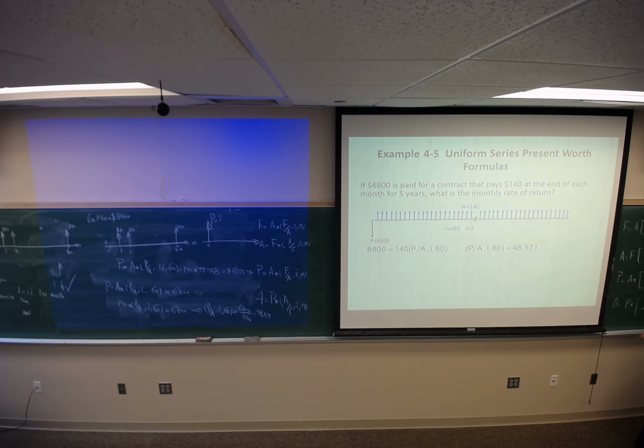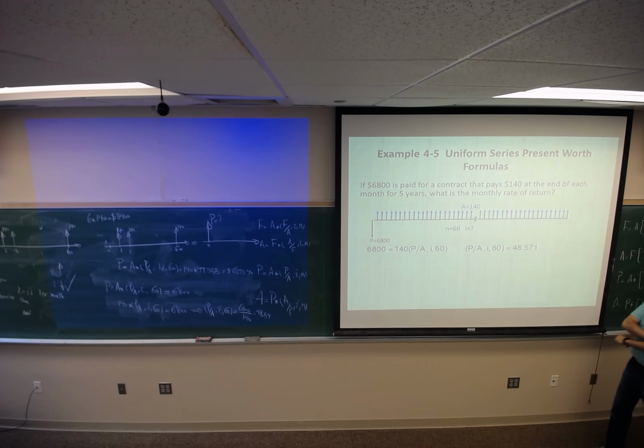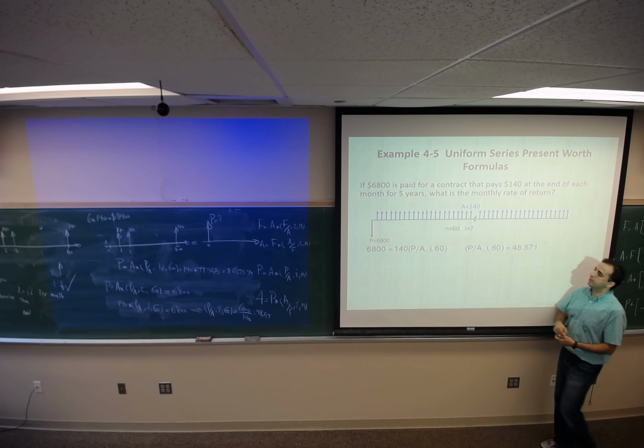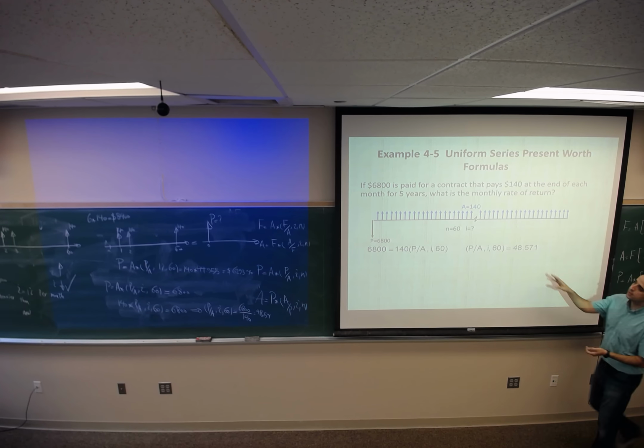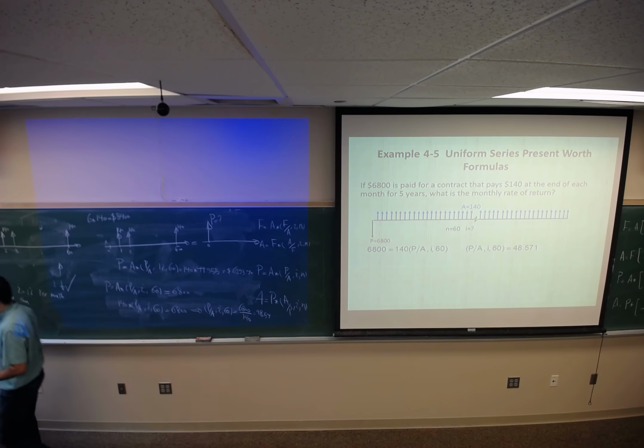P over A, i, 60 should be 48.57. It means the interest rate which makes this factor equal to 48.57 is going to make this investment desirable.